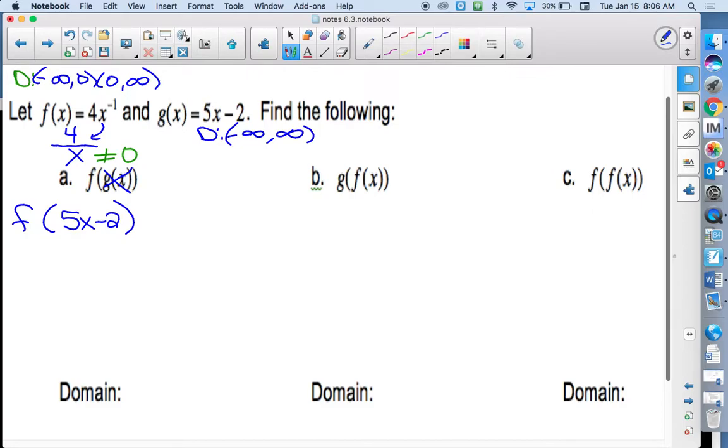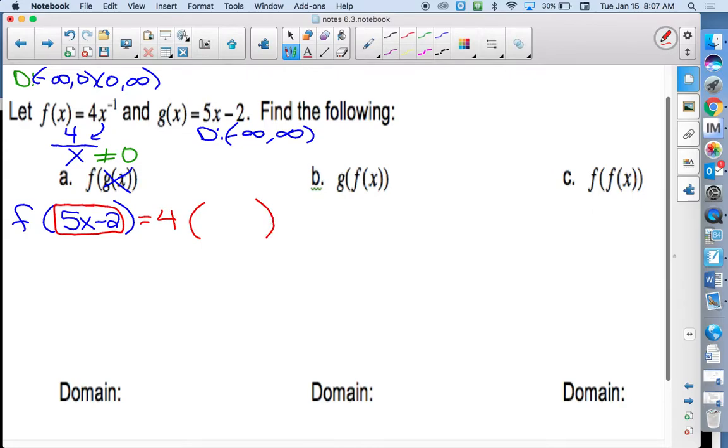So now what do you think you would do next? We have f outside and 5x minus 2 inside. Julian, what do you think? Plug in 5x minus 2 for x. Yeah. So now we're going to look at this inside part, and we're going to go to the other function, the f function. It says 4x to the negative 1.